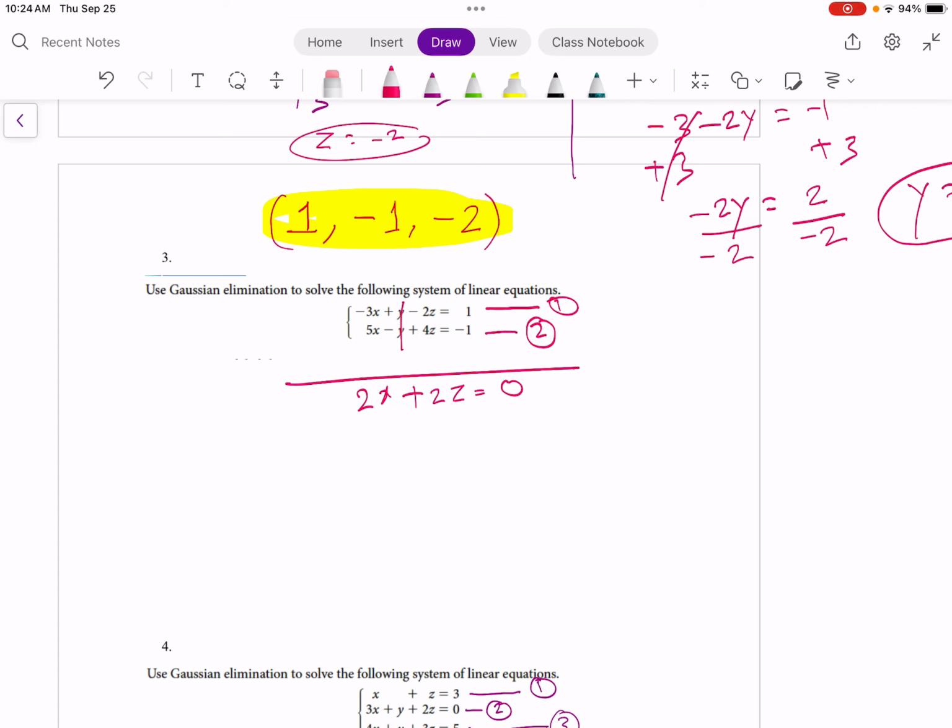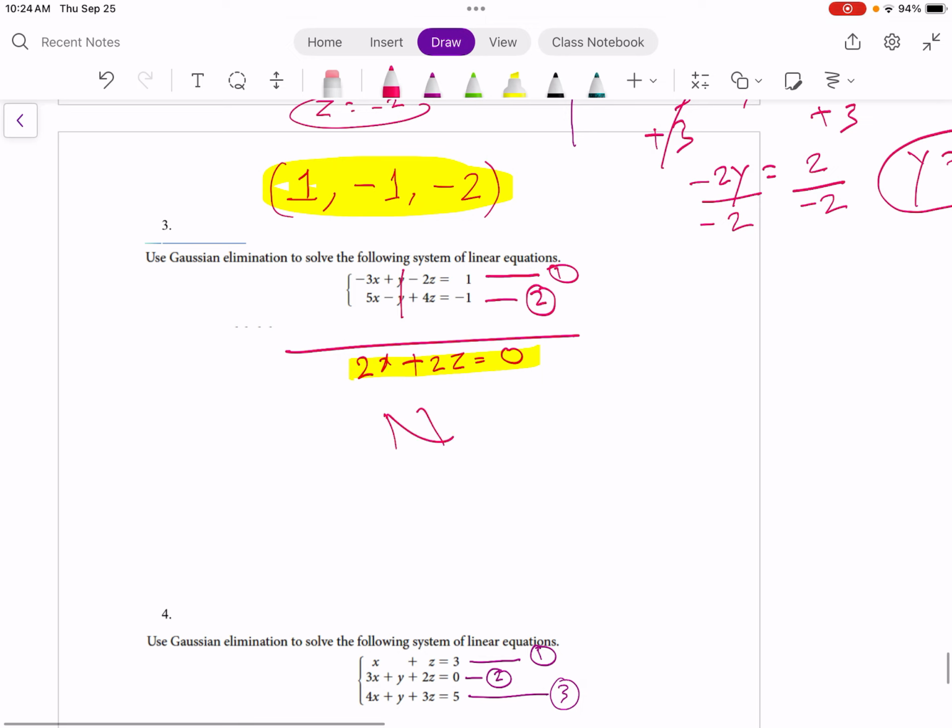If you have 2 variables, we need at least 2 equations to solve. If we have 3 variables, then we need at least 3 equations to solve. Here we are only given 2 equations, so there is nothing we can do. For this case we cannot find a solution, or just simply write down no solution.